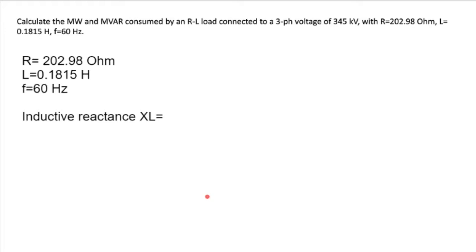It doesn't take so long. Power factor is R by Z. R over Z. What's the value of power factor?